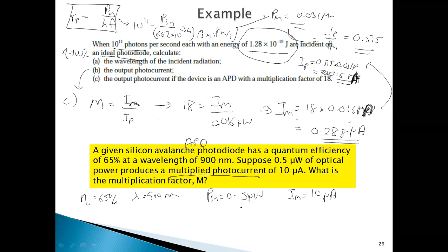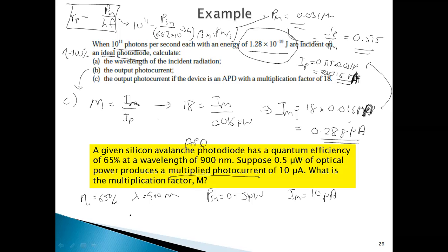So the question is, what is the value of the multiplication factor M? To answer this question, we need to first find the value of the normal photocurrent without any multiplication occurring in the photodiode. This can be calculated by using the equation of responsivity again.